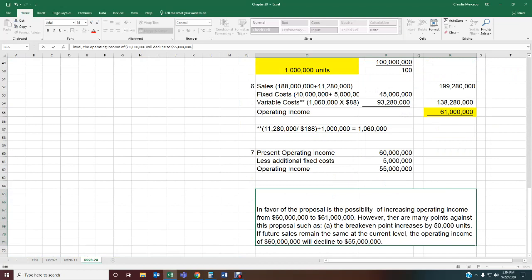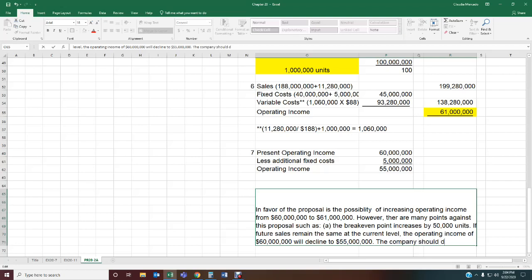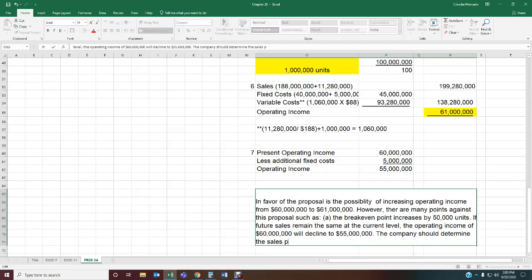Okay. And there's other things that you should analyze before making the decision. The company should determine the sales potential. Okay. One thing it's saying, yeah, we're going to sell more.